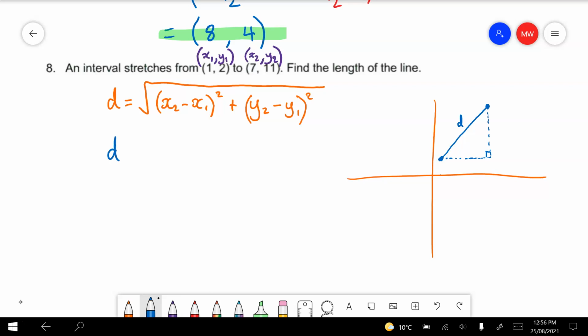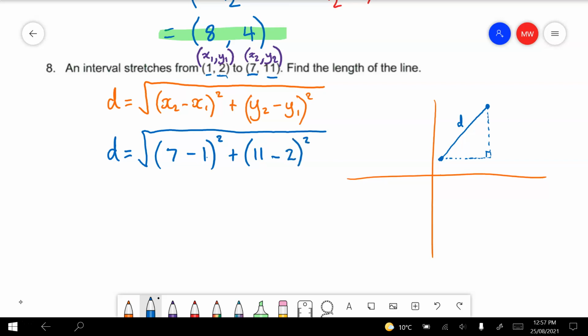So the distance for this one, or the length of the line, will be the square root of, and you'll be able to just type this straight into your calculator, x2, so 7 minus 1, all squared, plus y2, which is 11 minus 2, all squared.